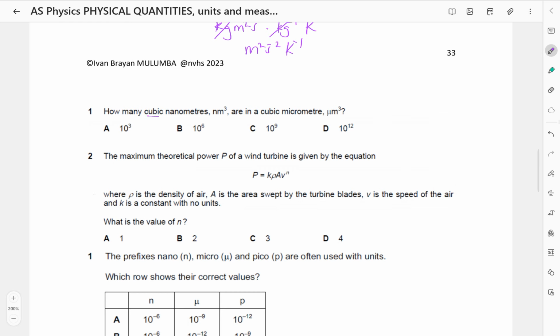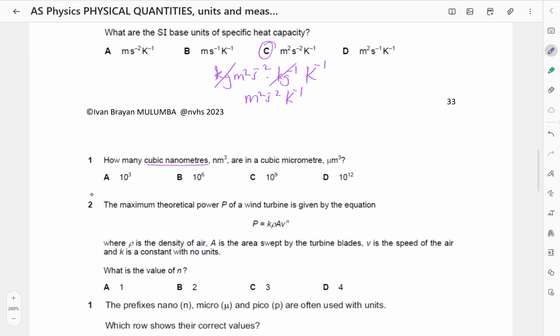How many cubic nanometers are in a cubic micrometer? So let's first find, 1 nanometer is the same as 1 times 10 power negative 9 meters.